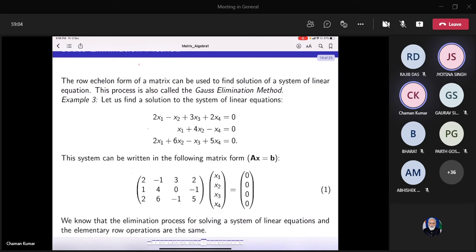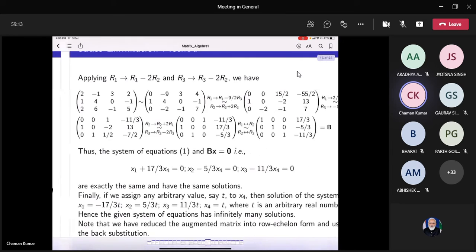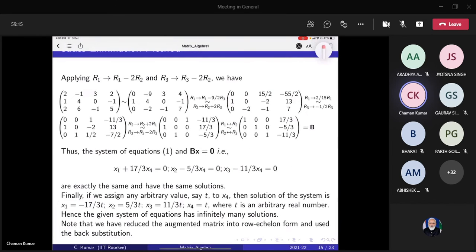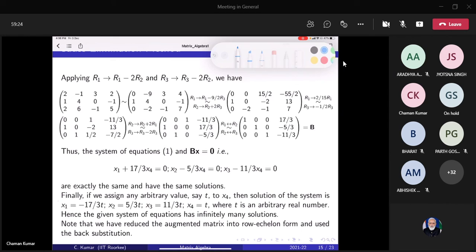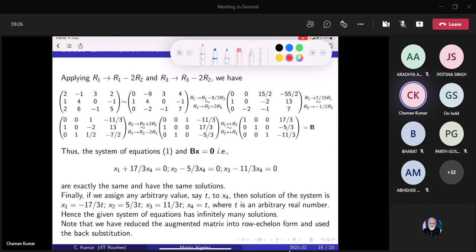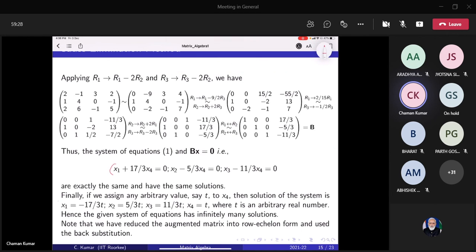But if you do this, slight complications can arise. The reason is that if you try to reduce this to row echelon form, in this final form you can clearly see that it is easy to express x1 in terms of x4, x2 in terms of x4, and x3 in terms of x4.